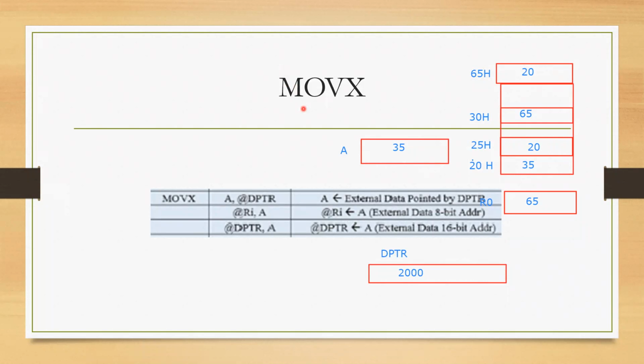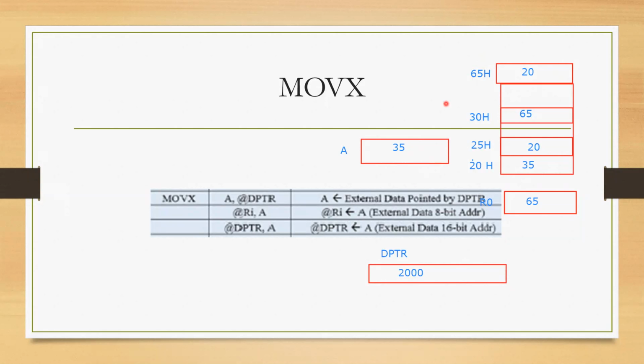So next is the MOVX instruction. The MOVX instruction is the transfer between the accumulator and the external RAM. You know that the memory that uses an 8-bit address is the internal RAM, and for external RAM the address is 16-bit.